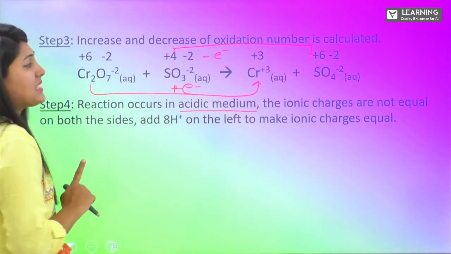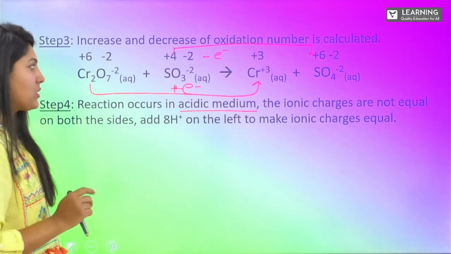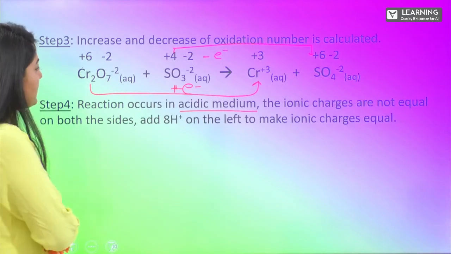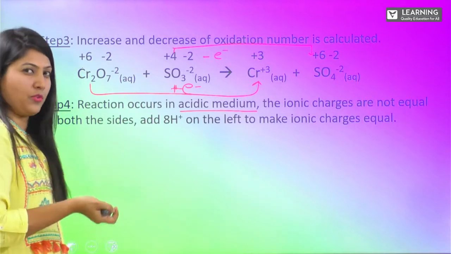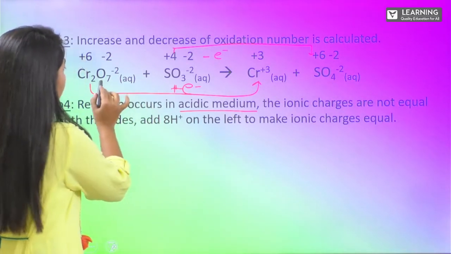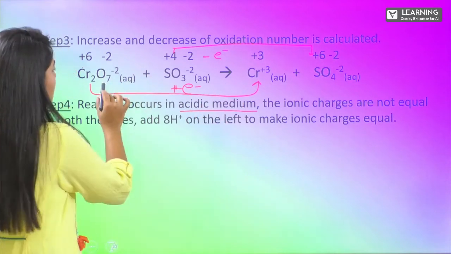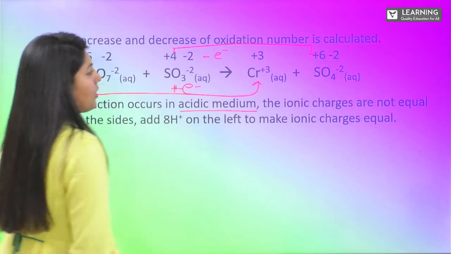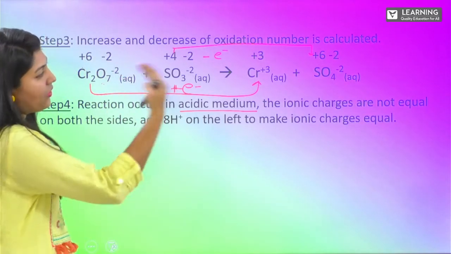So it is taking place in acidic medium. So what do we need to add? H+ ions. Where do we need to add H+ ions? Students, before adding H+ ions, the trick we can follow is to count the oxygen atoms. Here it is 7 plus 3, 10. Here it is 4. So how many oxygen atoms are fewer on the other side?